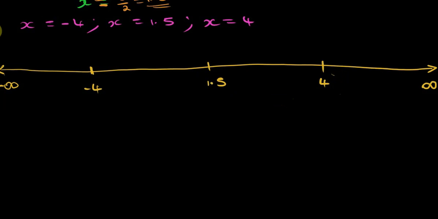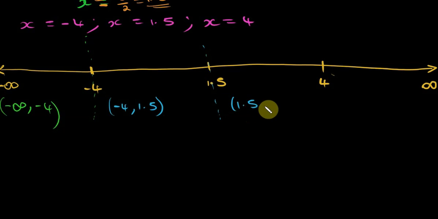So how many regions is our number line broken into? Well, we have from minus infinity to minus 4 as region 1, from minus 4 to 1.5 as region 2, then from 1.5 to 4 as region 3.